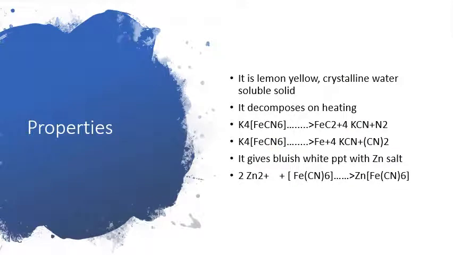Potassium hexacyanoferrate is a lemon yellow crystalline water soluble solid. It decomposes on heating. When it is heated, we have the sign of heating on the arrow, which represents the action of heating.